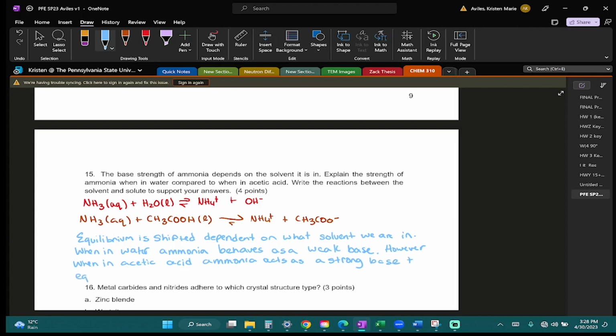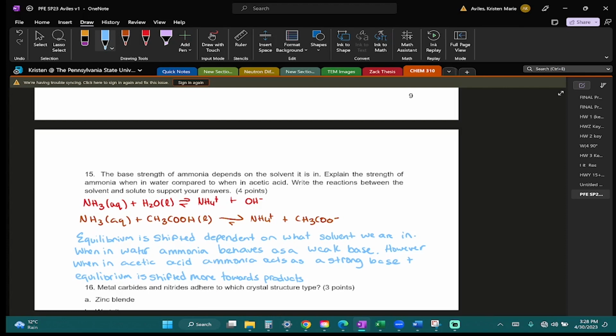And like I said, equilibrium becomes more shifted towards our product. So we have a higher KB in this case when we're running it in something like acetic acid. So what we can see from this is that the strength of our base is leveled based off our solvent that we're putting it in.